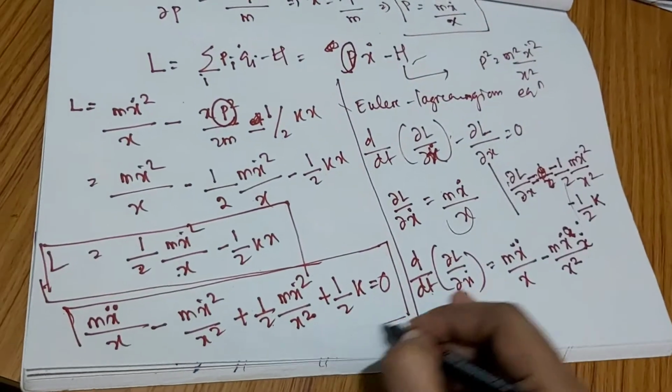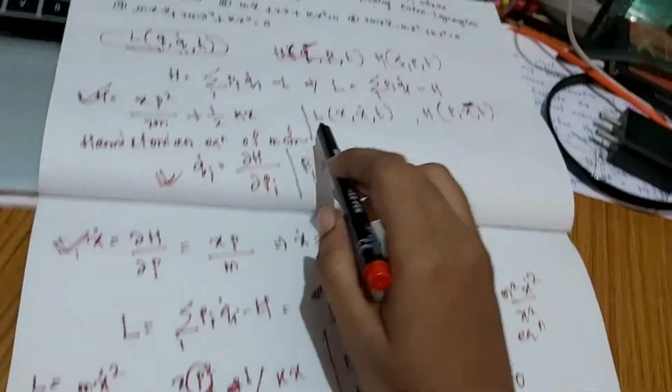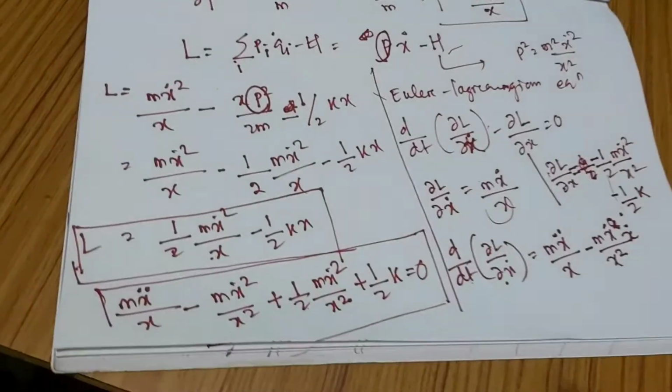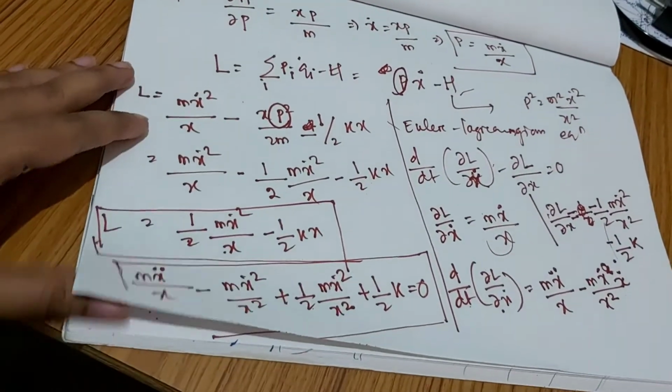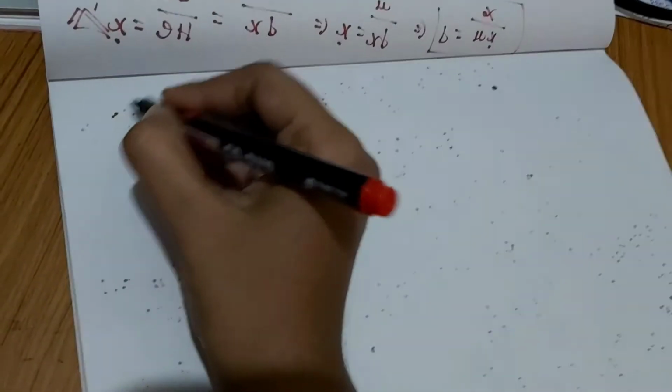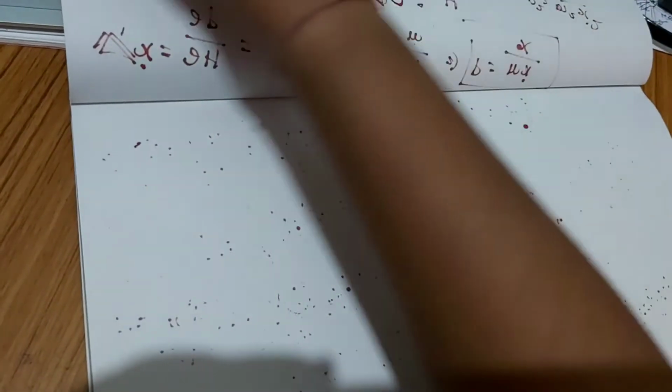So by seeing the options, I will have to do a little bit of arrangement here. Okay, so if I do that, in the last I got, let me check one more time.